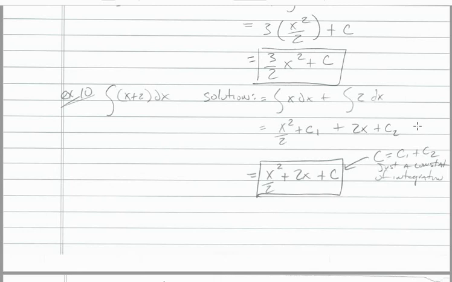But since it's a constant and we really don't care about it right now because we don't have initial conditions to satisfy, we can say that c1 plus c2 is just a constant, because it really is. If it's 2 plus 4, 5 plus 8, all those different things, it really just ends up being a constant. And if we take the derivative of a constant, it's still going to be 0. So we can write the solution to this integral as x squared divided by 2 plus 2x plus c.